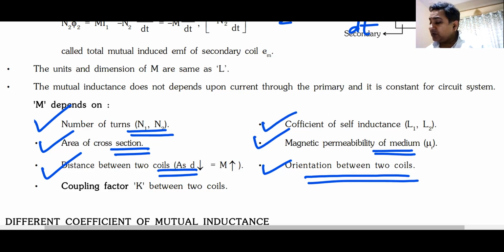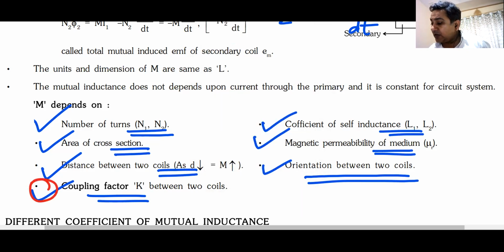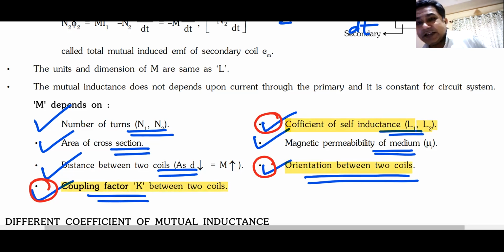It depends on the self-inductance of the two coils. We'll come to it. There is a formula linking this. It depends on the coupling factor. Again, these 3 terms, number 1, number 2, number 3, all these 3 terms are linked to each other.